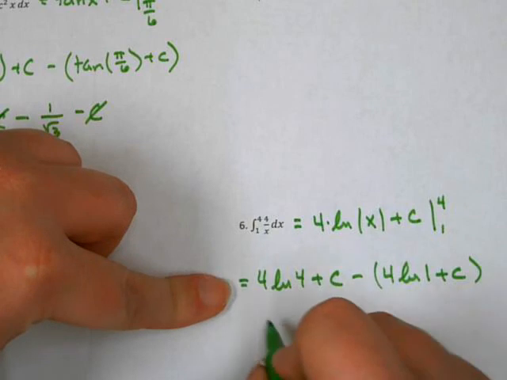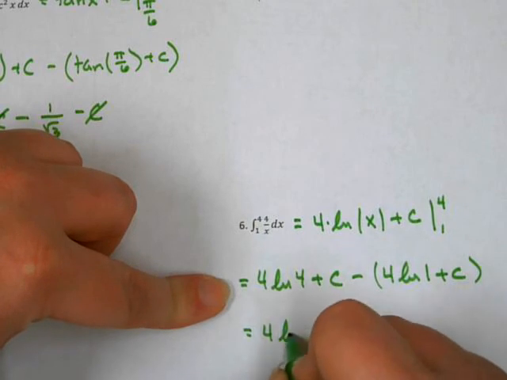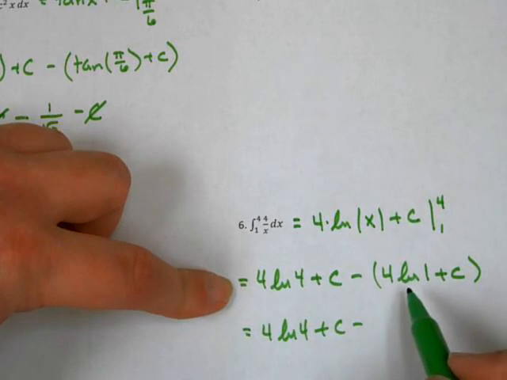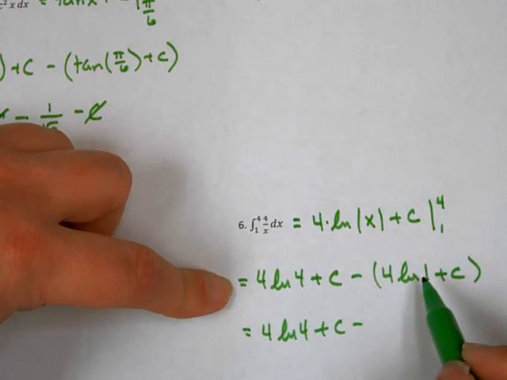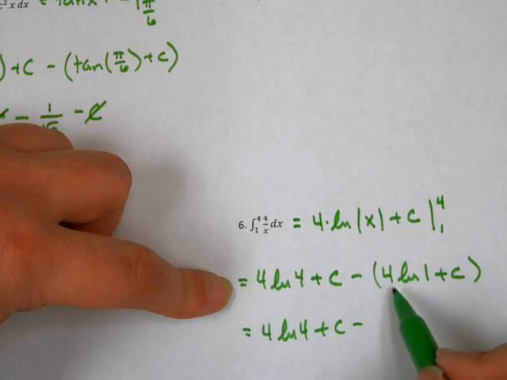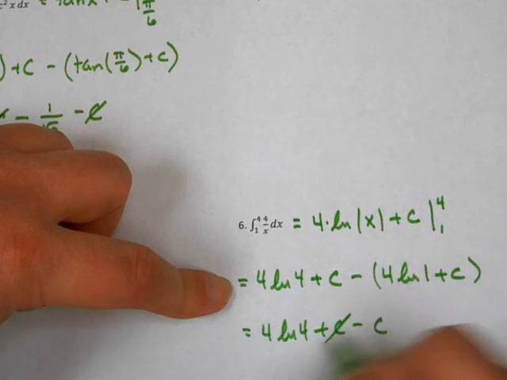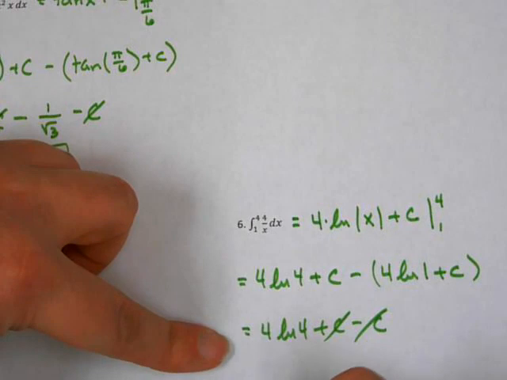So 4 times the natural log of 4 I can't really do anything with, plus c, minus, well, the natural log of 1 is just 0, which means this whole thing, 4 times 0, is just 0, and then I have minus c. So my c's cancel each other, and I'm left with 4 times the natural log of 4.